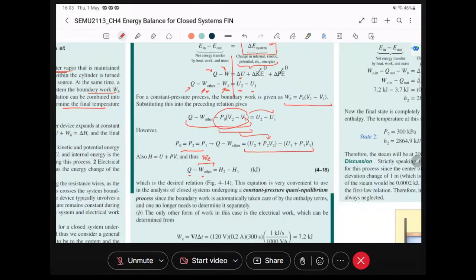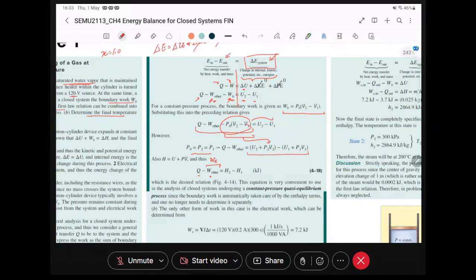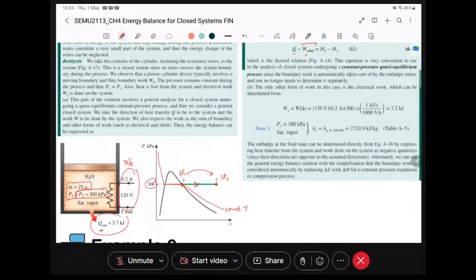If you didn't notice, right? Because this is the other work that go in. What happens is when you heat up, for it to maintain constant pressure, this boundary will start to move because you expand, you heat up. Okay, so really there are 2 work involved here and 1 Q involved.